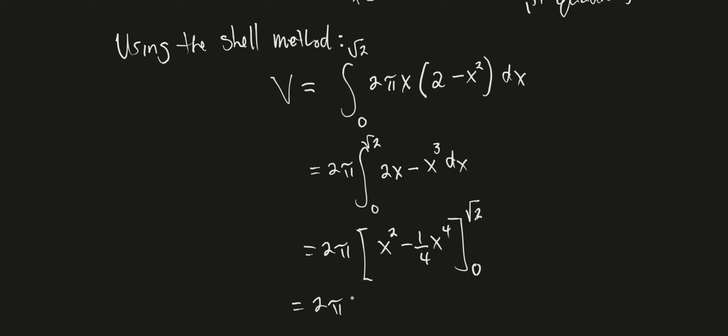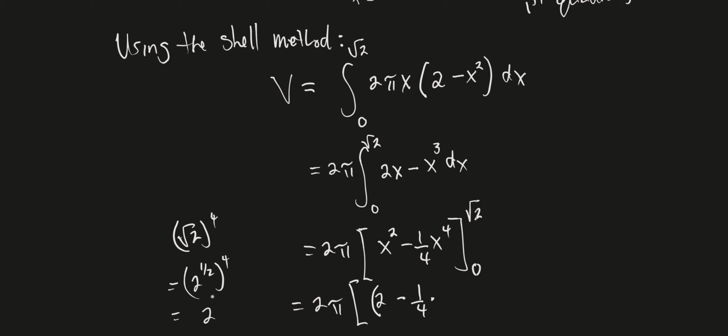So we have 2 pi. Now let's plug in the upper limit. When I plug the square root of 2 in and square it, the root goes away, so I have 2, and then minus 1/4. Now the square root of 2 to the 4th power is the same as 2 squared. Why is that? If you have the square root of 2 to the 4th power, that's 2 to the 1/2 to the 4th power, and our property of exponents says I multiply these powers.